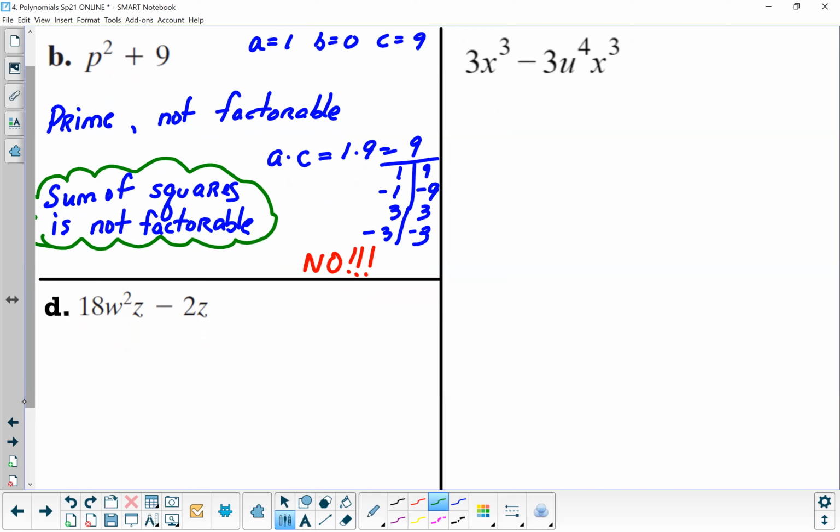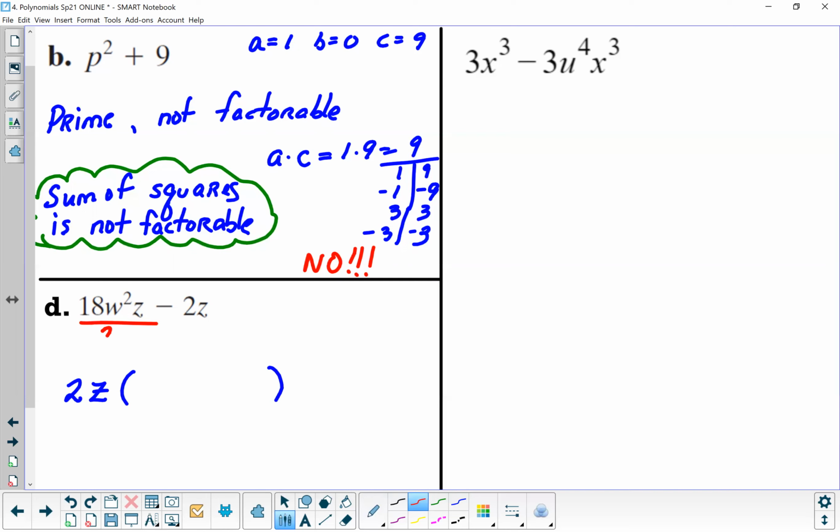And this is obviously not a difference of squares as it looks right here. But remember what I said before. I want you to look for the GCF first. So looking between 18 and 2, GCF is 2. And then our variables, we can also factor out a z.